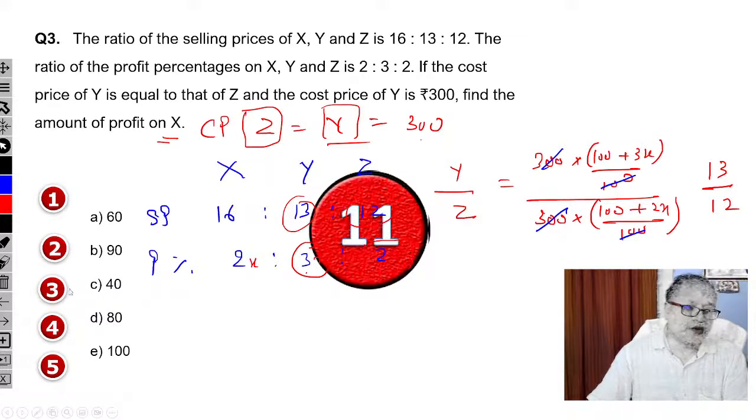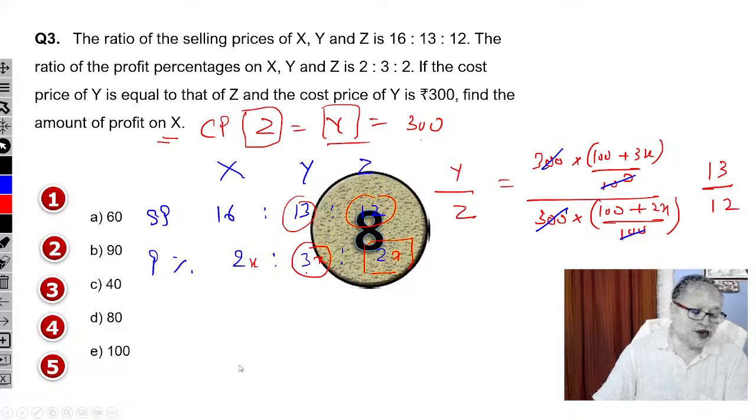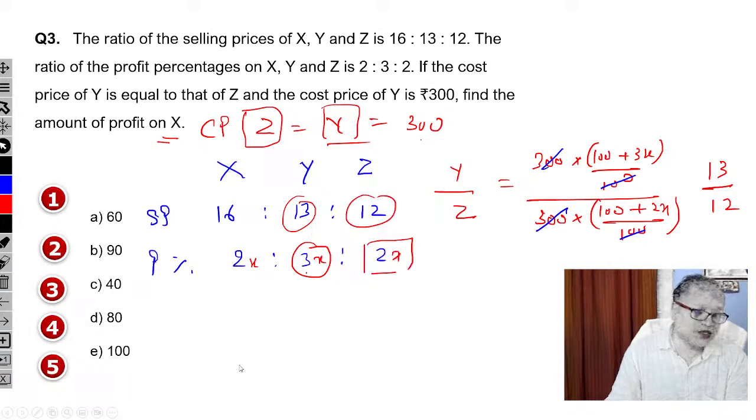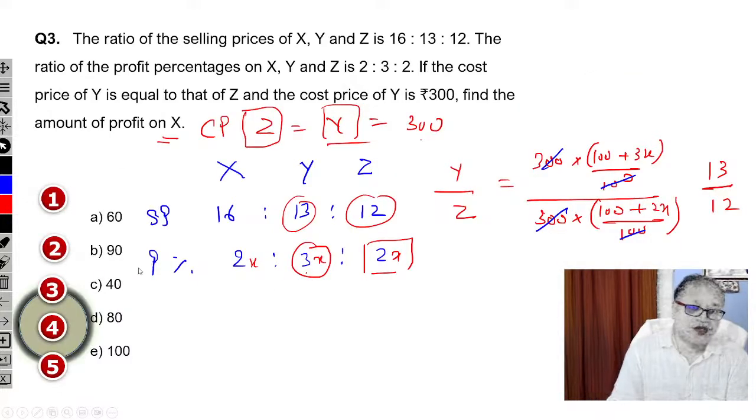Option A, Aman. Okay, let's check that. No, the baby is crying. Not correct, not correct. Anyone else? Anyone else? Time is up. Option D. Let's check that option D. That's right. That's right.